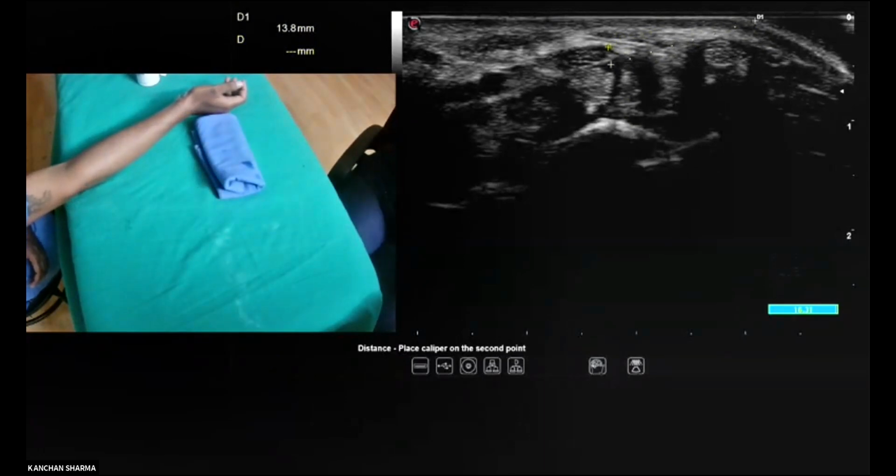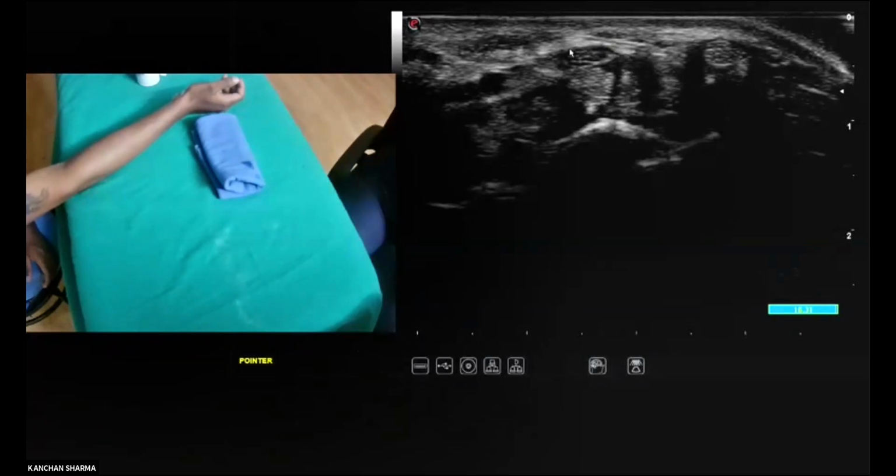One needle should be beneath the nerve and then on top of the nerve. And what you will see? You will see that this hyperechoic thing which we are able to see, this honeycomb appearance and this hyperechoic, they will be separating. Your injectate will be going beneath the nerve and then on top. When it is going beneath the nerve, the flexor tendons will be getting separated. The injectate will be somewhere here in this plane.